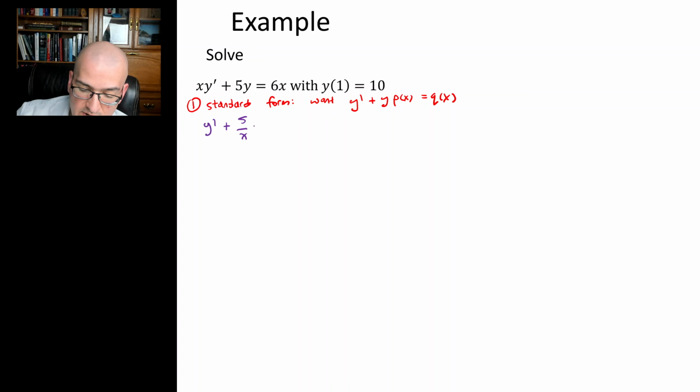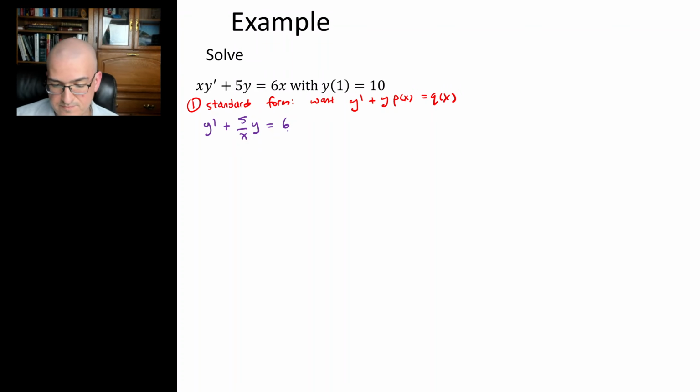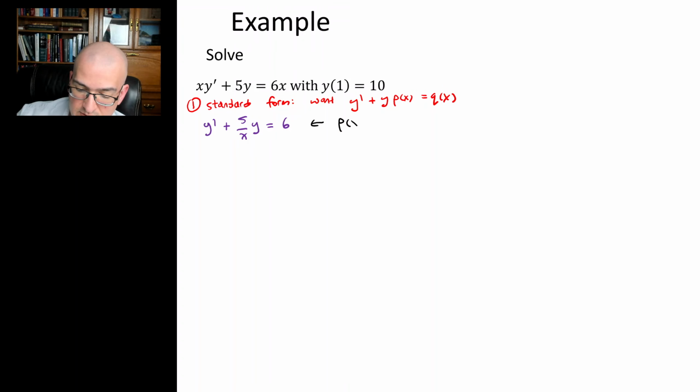So y prime plus 5 over x times y is equal to 6. So it's in standard form. We have p of x equal to 5 over x, and q of x equal to 6.